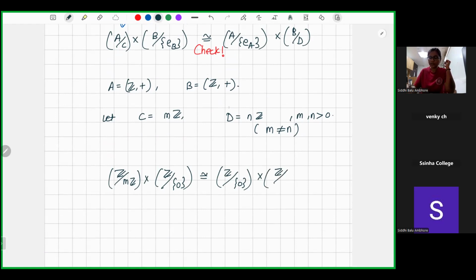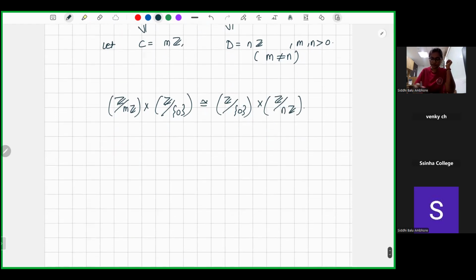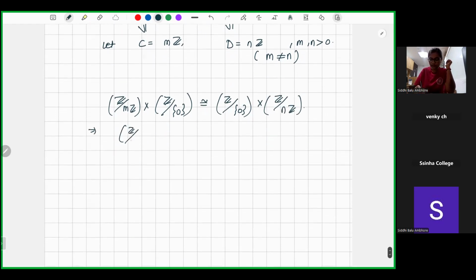Now I'm taking these subgroups. This is my NZ. And Z quotiented by 0 is just Z here if you observe properly, isomorphic to Z cross Z quotient NZ. And what can you say about this?